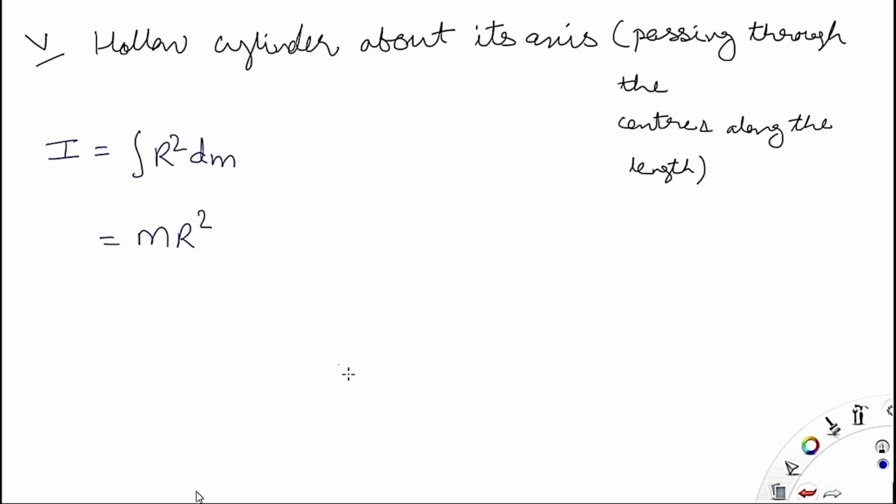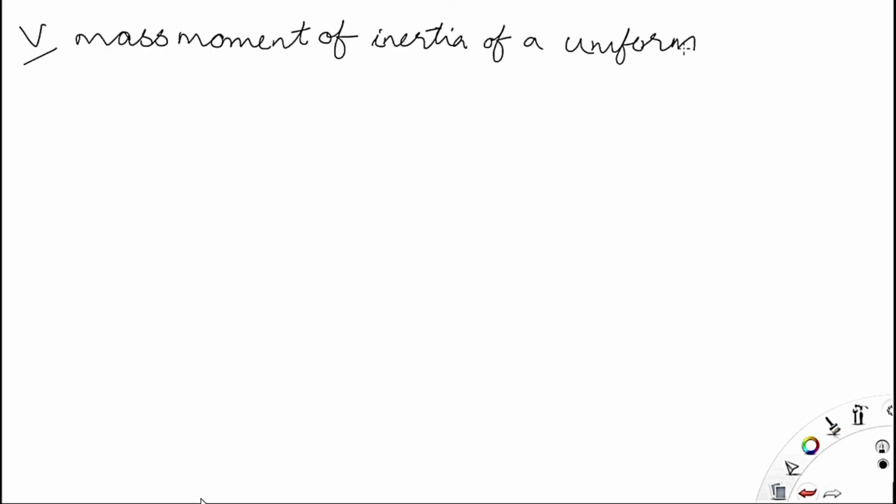Hollow cylinder about its axis passing through the center and along the length, this is MR square. M is the mass of the hollow cylinder and R is the outside radius of the hollow cylinder, or mean radius if the thickness is given. Thickness is not given here. Hollow cylinder is just hollow cylinder, no thickness, just R.